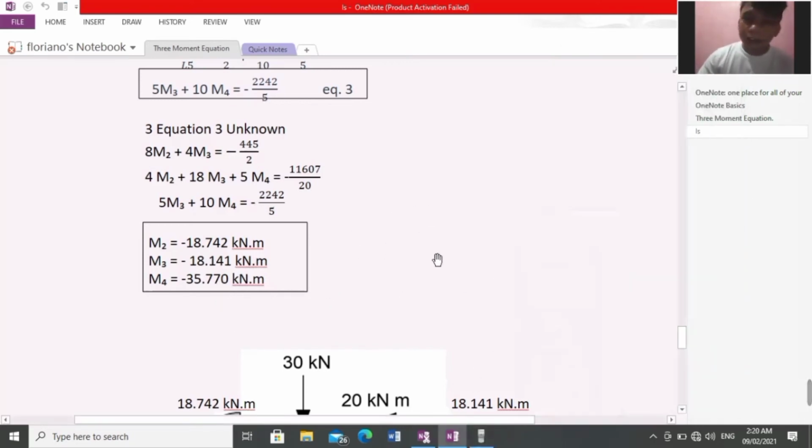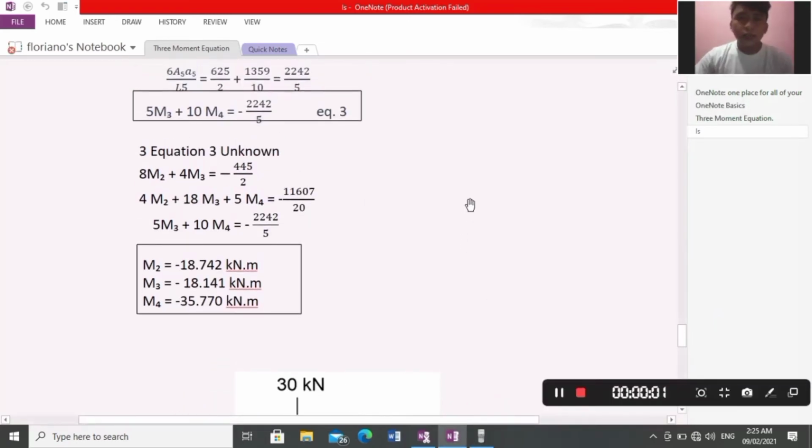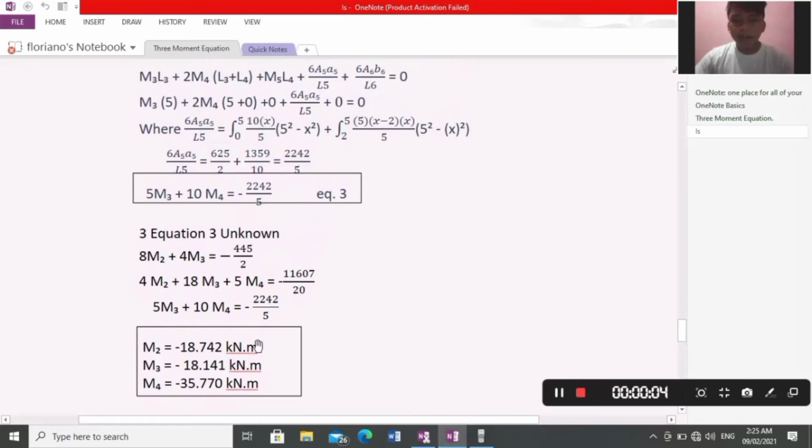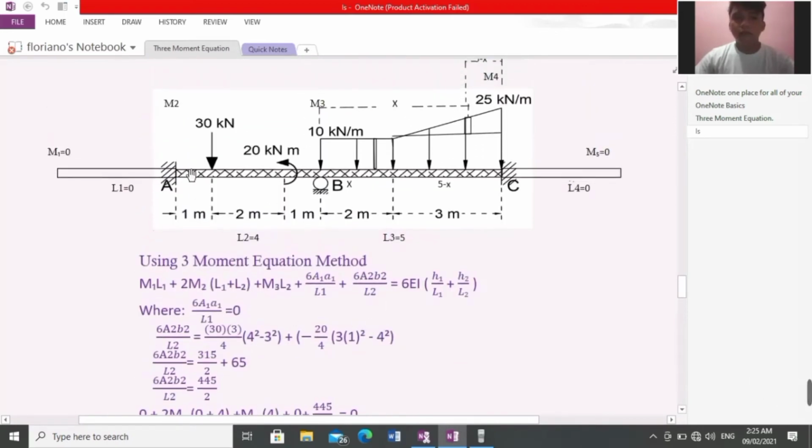So, meron na tayong values ng mga moment. So, ang susunod natin gagawin is i-apply natin itong mga nakuhang moment sa beam. So, yung M2, M3, and M4. M2, na-applied natin dito sa point A, and M3 dito sa point B, and M4 sa point C.